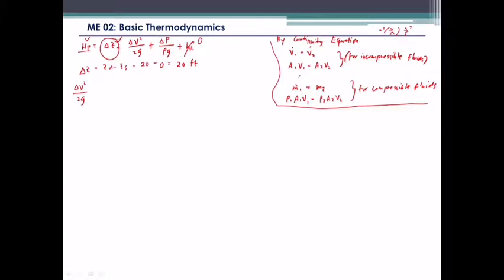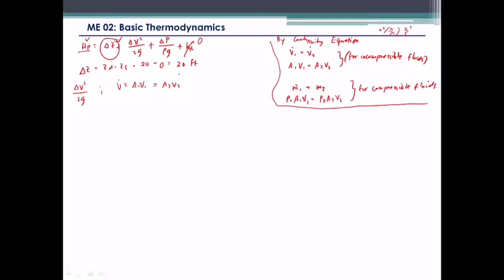Okay, so using this concept, the volume flow rate is equal to A1 V1 equal to A2 V2.